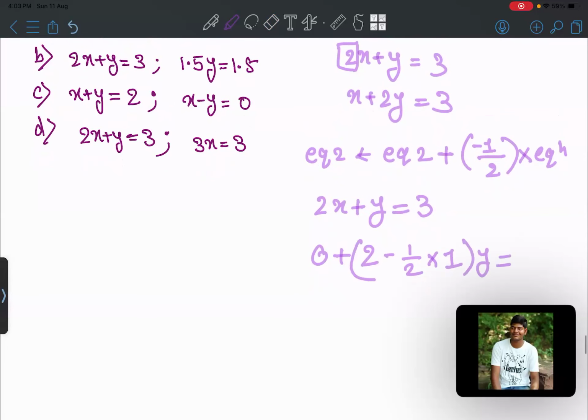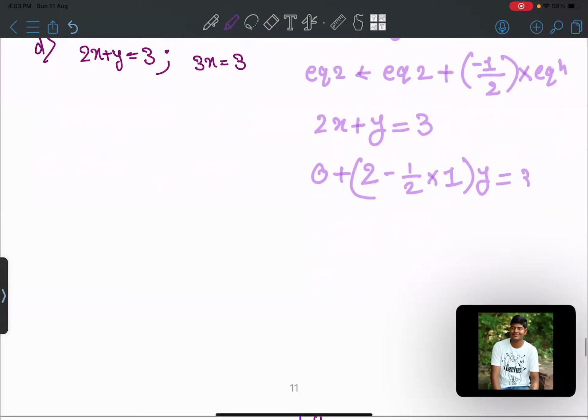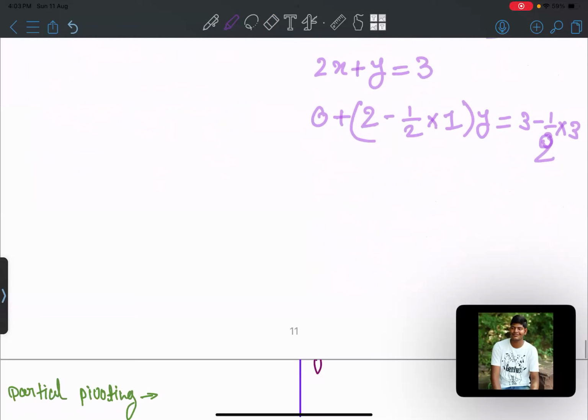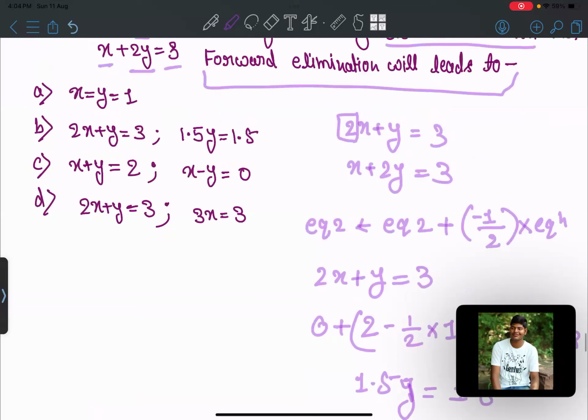That will be equal to equation 2's 3 minus 1 by 2 multiplied by the term b in equation 1, 3. Then this will lead to 1.5y equal to 1.5. So which option will be correct? This option will be correct.